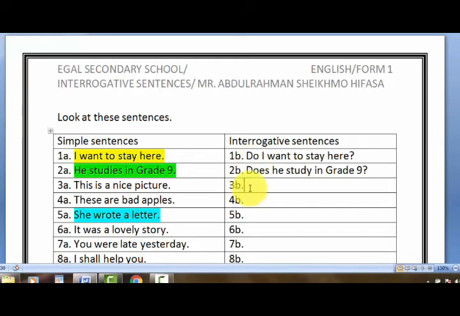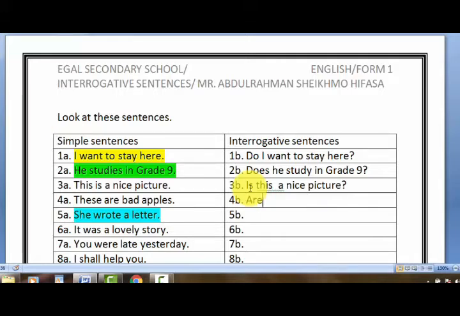Now come to the other ones. This is, that is a verb to be, you just bring it forward before the subject. Is this a nice picture? Don't forget your question mark. Come to the next. Come here.